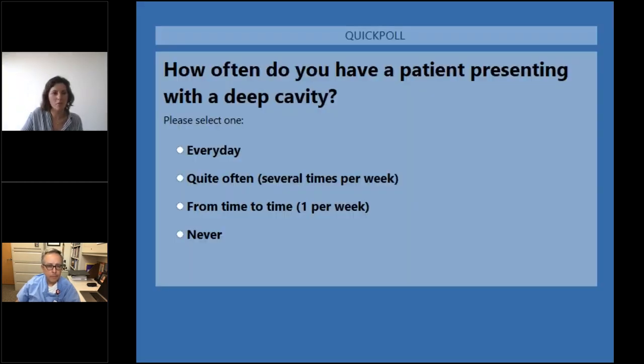Can you see the first question? The first question is, how often do you have a patient presenting a deep cavity in your practice? You will have 20 seconds to answer: every day, quite often, from time to time. Then we will see the results. Please answer. I will close in 10 seconds.